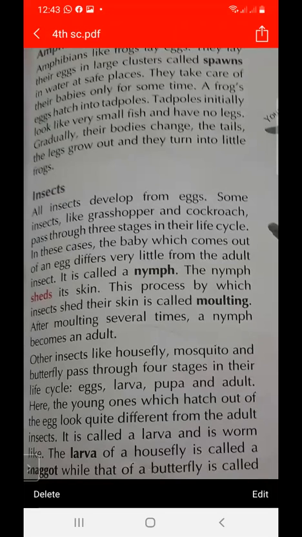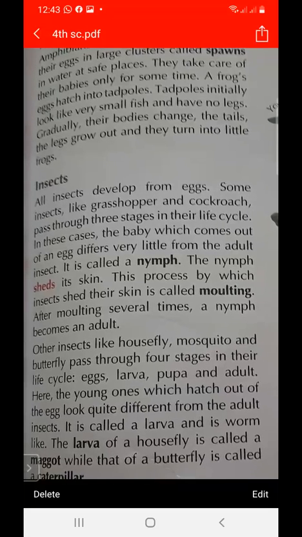So all insects hatch from eggs. Some insects like the grasshopper and cockroach pass through three stages in their life cycle. The baby which comes out of an egg differs very little from the adult insect, and it is called a nymph.